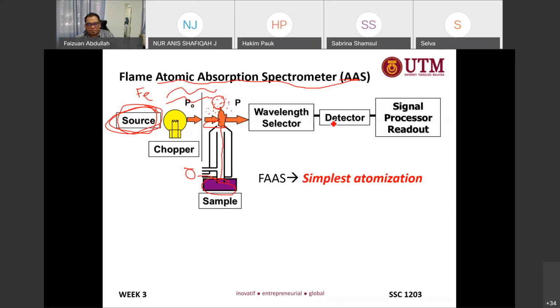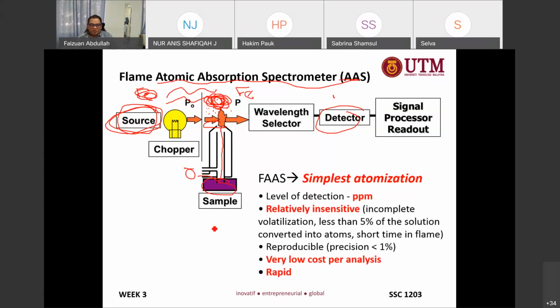So the detector will detect a loss of energy from the iron source because it is absorbed by some of the atoms inside the sample. That loss will represent the concentration of the iron in the sample.